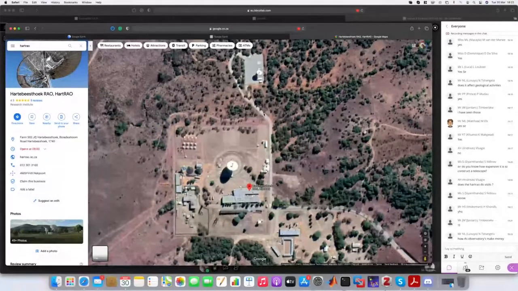Observatories need to be funded, and we do research from the observatory. Sometimes you can develop new technology, get patents on it, and make a bit of money from there. You can do public visits and make a little bit of money, but the main idea of observatories is to do research.